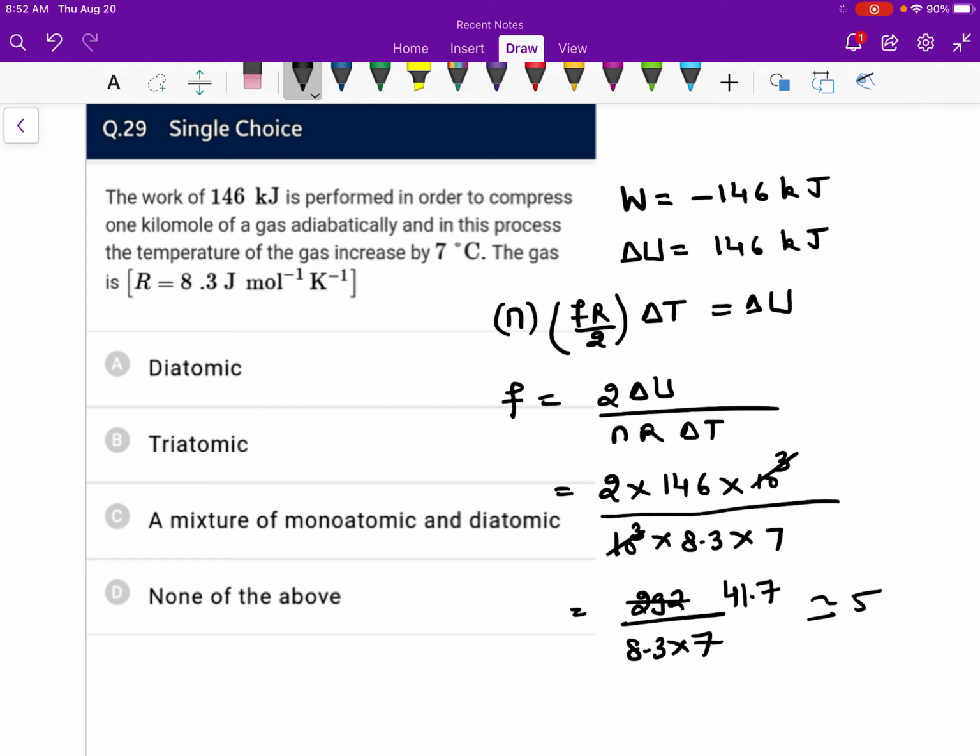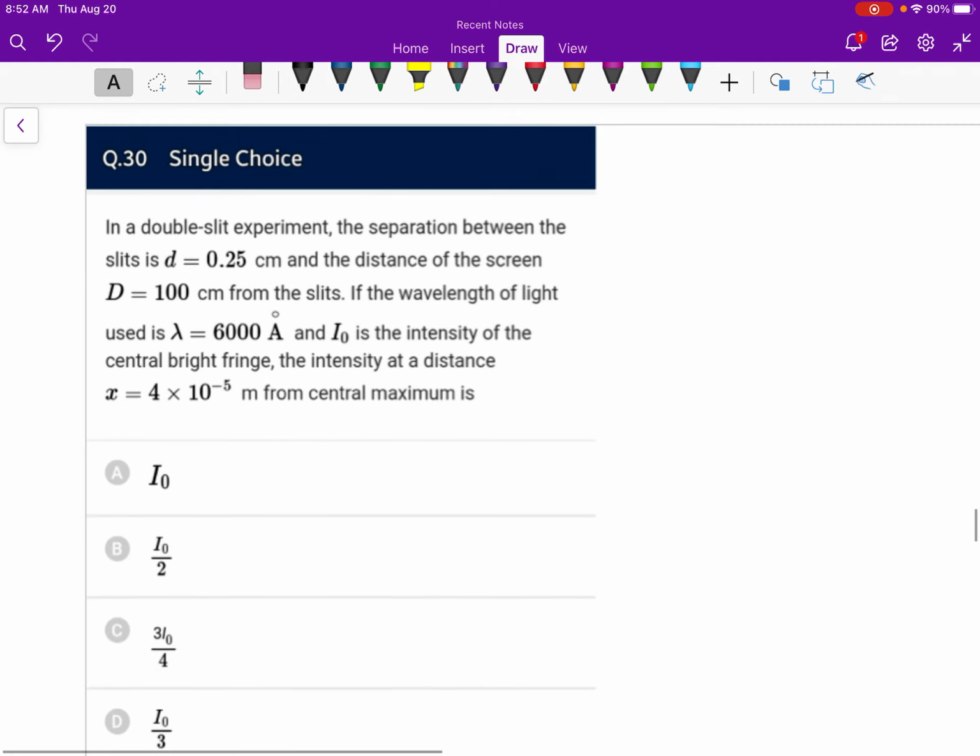So the number of degrees of freedom is 5. So this must be a diatomic gas. So A is the correct option.